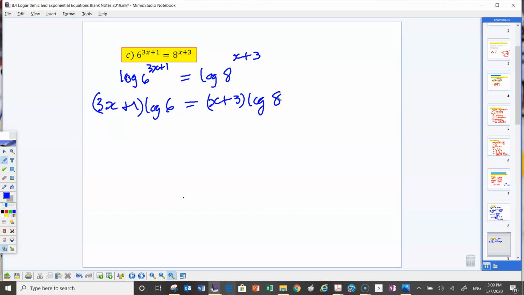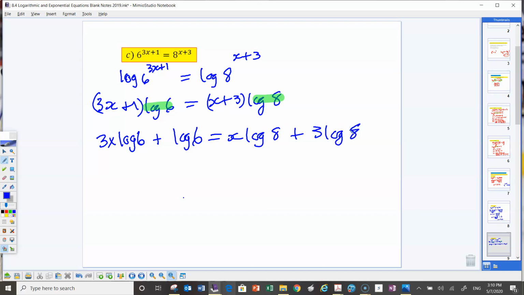Okay, so now at this point, these guys are just decimal numbers on your calculator, so I'm going to distribute them. So I distribute the log 6, and I'm going to get 3x times log 6, and log 6 times 1 is going to be log 6. Now I'm going to distribute the log 8 and get x log 8 plus 3 log 8.